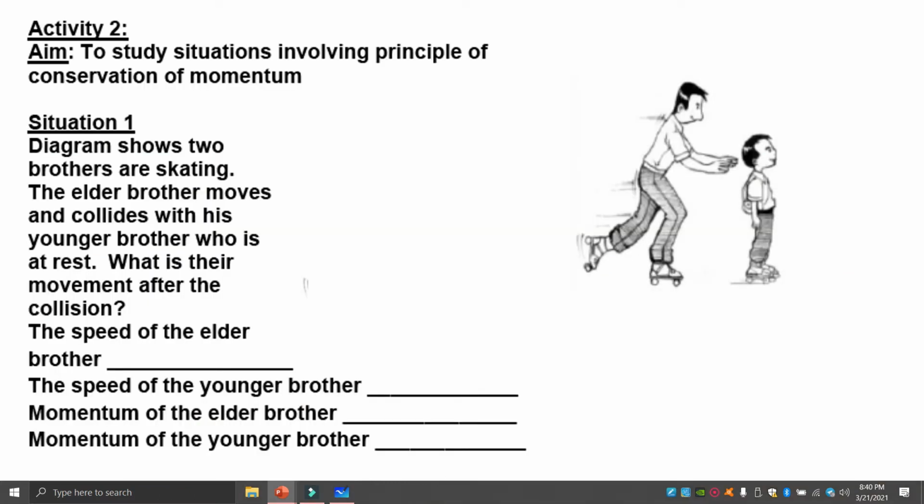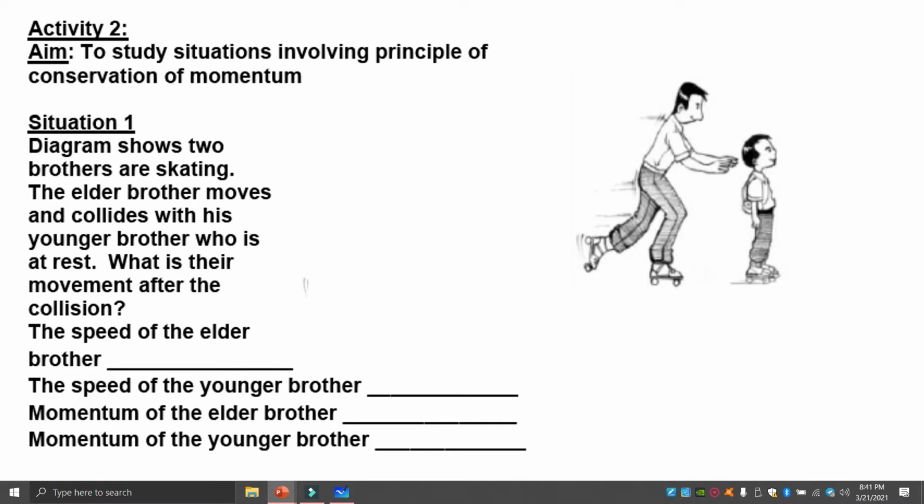Okay, to study situations involving the principle of conservation of momentum, the first one, situation 1. The diagram shows two brothers skating. The elder brother moves and collides with the younger brother who is at rest. So this one is the same situation as the question involving the granny before. So what is the movement after the collision?